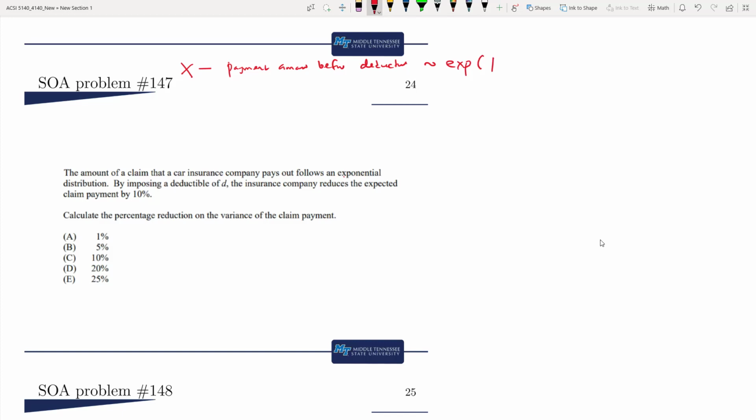Let's define another one, which is the payment amount after deductible d. Once we impose the deductible, let's say the payment amount is Y.